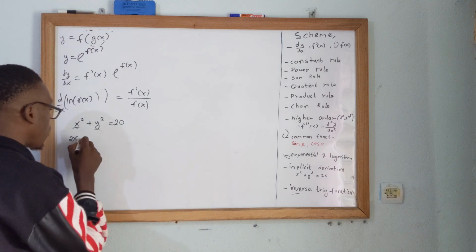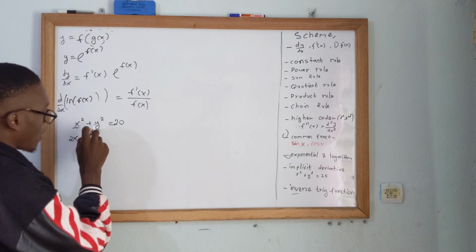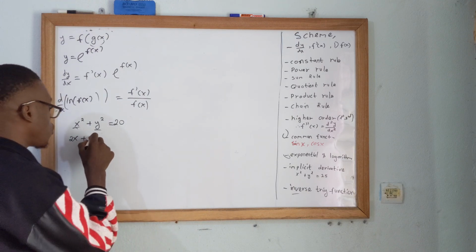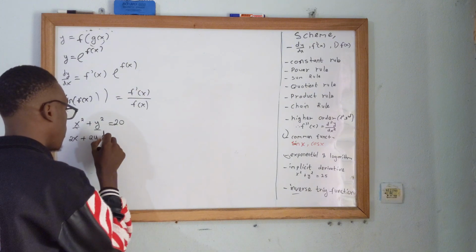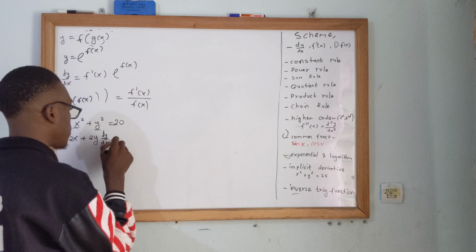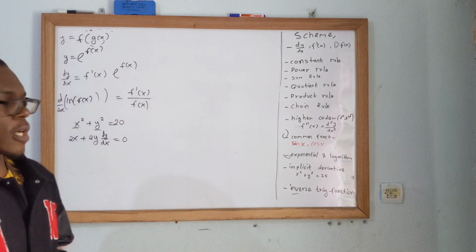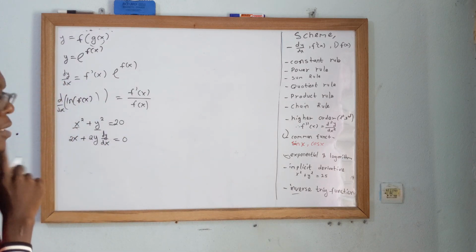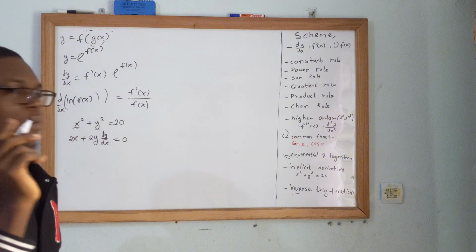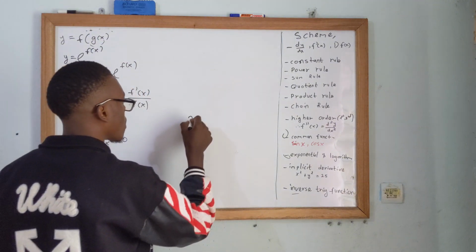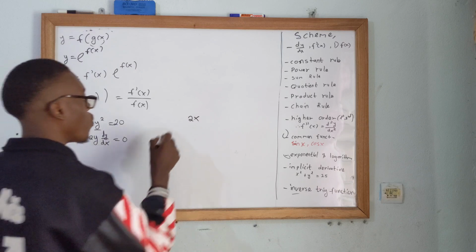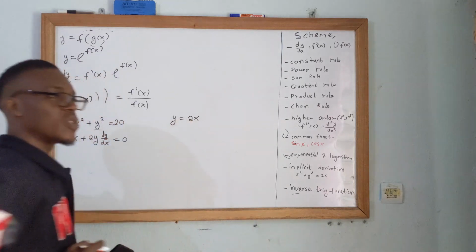The basic principle we use here is the power rule still, and we have 2y, but we put dy/dx, and that is equal to 0. The question you're going to ask is, why am I putting dy/dx? Usually when you have an equation like the derivative of 2x, what you have is y equal to 2x.